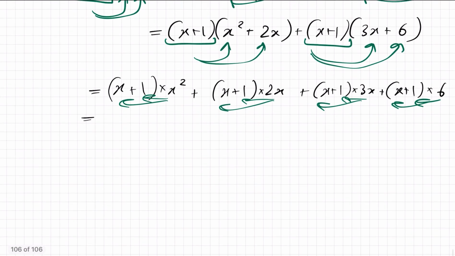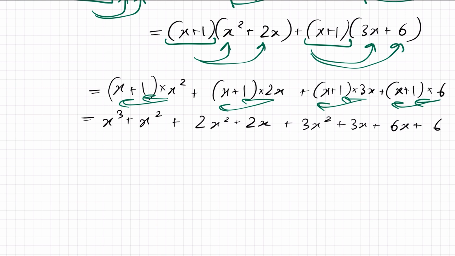So in this case, we have x cubed plus x squared plus 2x squared plus 2x plus 3x squared plus 3x plus 6x plus 6. And finally, when combining like terms, we'll get x cubed plus 6x squared plus 11x plus 6.